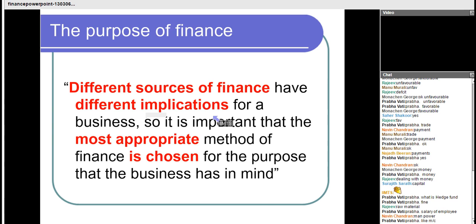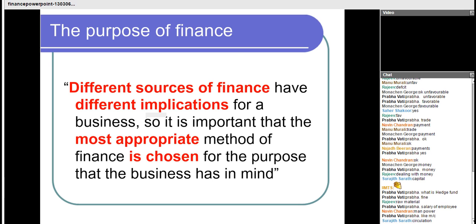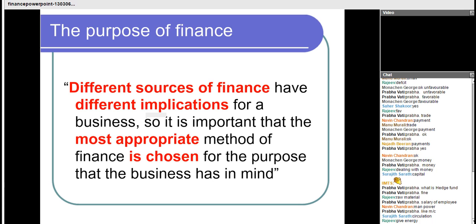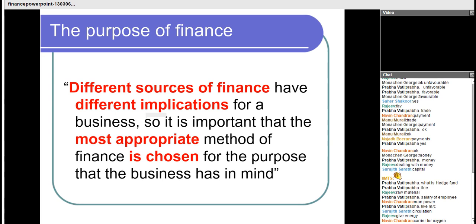What is the role of blood in the human body? Can you tell me? Circulation. Okay. It gives energy. How does it give energy, Rajiv? That is the exact definition. It is the carrier of oxygen.